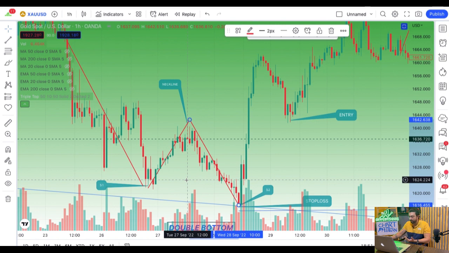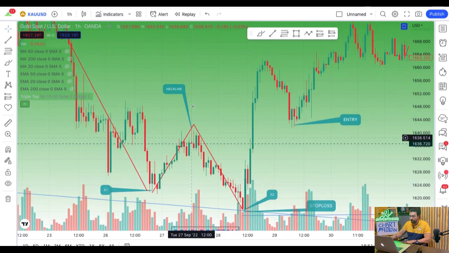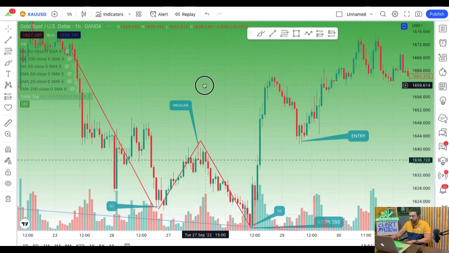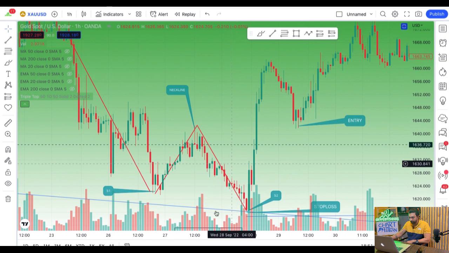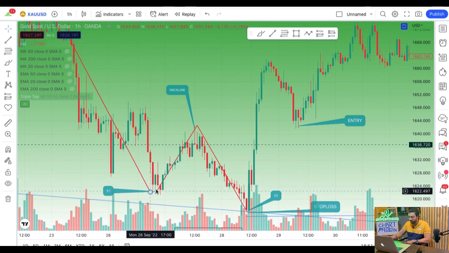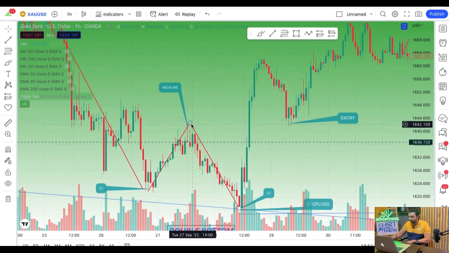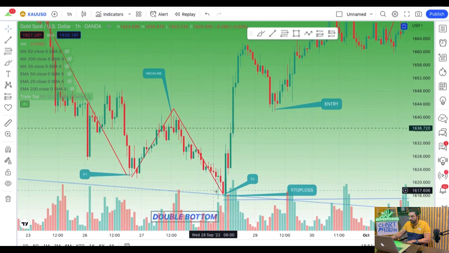Sometimes there's a difference between support and resistance, but at least you can see that it's making a double bottom. So here is support 1, and the market goes up from there, touches the resistance, and from there sellers were activated. They push the market down, and it's known as support 2 as well.